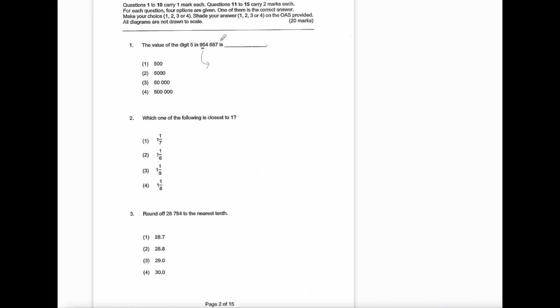And if I bring it out, this is ones, tens, hundreds, thousands, and finally 5 will be in the 10,000s place. So if it's a 5, the digit 5 will be 50,000. Okay, so my answer is number 3.